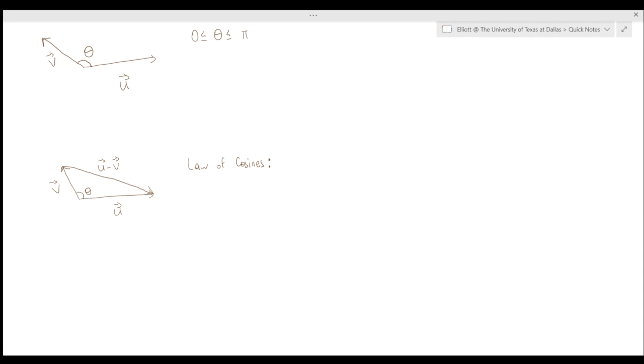But the law of cosines tells us that in this picture, the length of u minus v squared is equal to the length of u squared plus the length of v squared minus 2 times the length of u times the length of v, and then times the cosine of the angle theta.